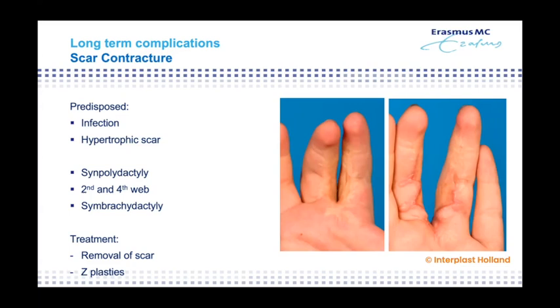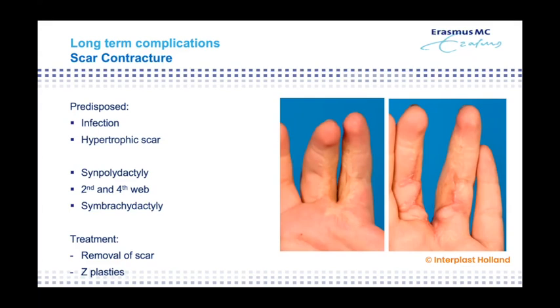So they can flex and extend them, but the intrinsics don't work because they aren't developed properly or aren't developed at all because of the synpolydactyly or the symbrachydactyly. So they aren't able to exert an extensive force against the scars, and often you will have to operate on them again.